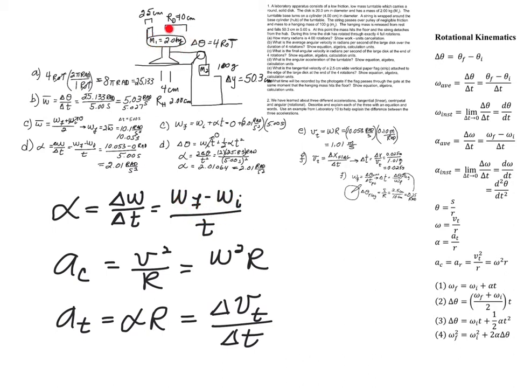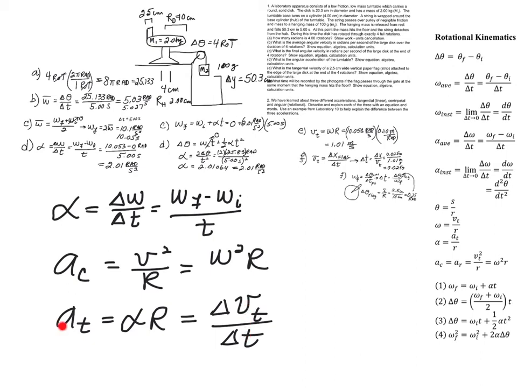But the rate at which the tangential velocity of the flag increases is going to be different from how the mass falls, right? Because this is further away from the axis. The string is wrapped around the hub. So as the angular velocity changes, so does the tangential velocity.